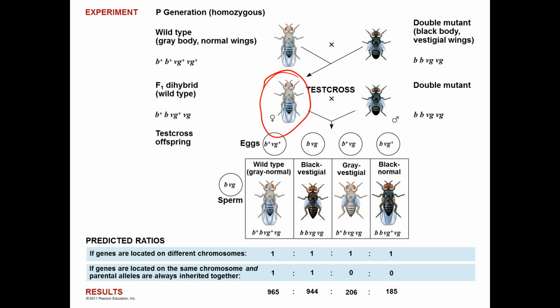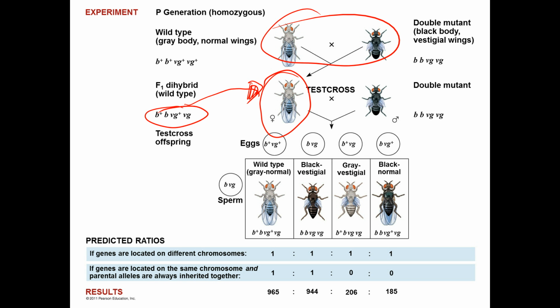In this case, this is the genotype of this fly, the product of this cross. It's heterozygous for body color and wings. So let's do a test cross.